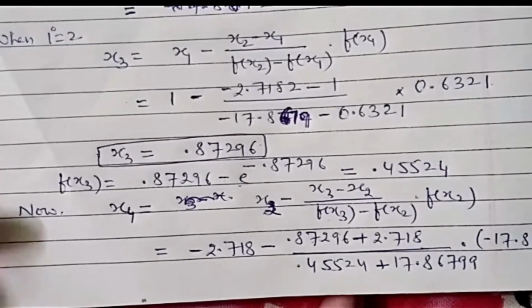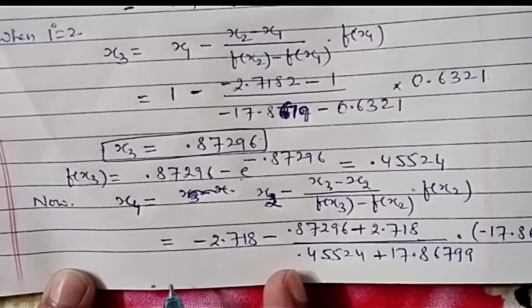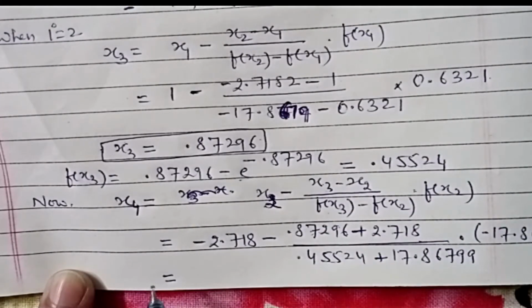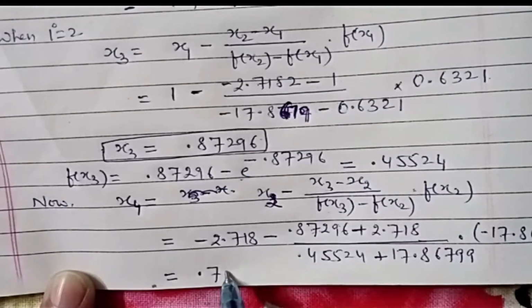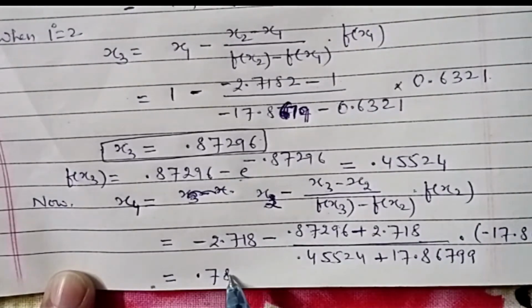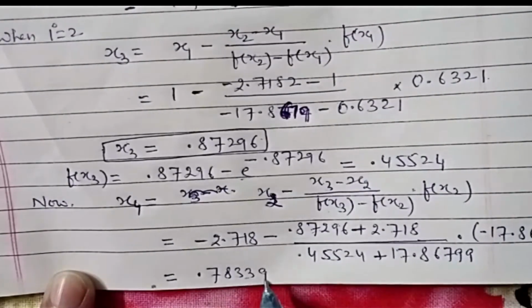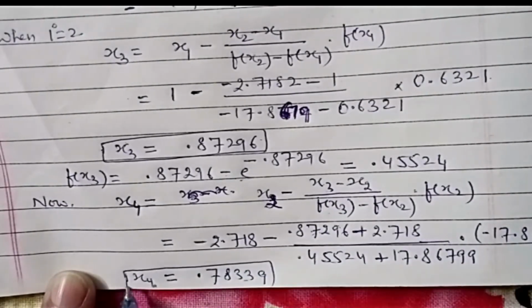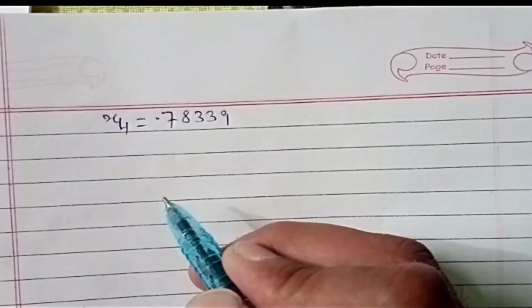Now when we calculate, the value of x4 becomes 0.78339. This is the value of x4.